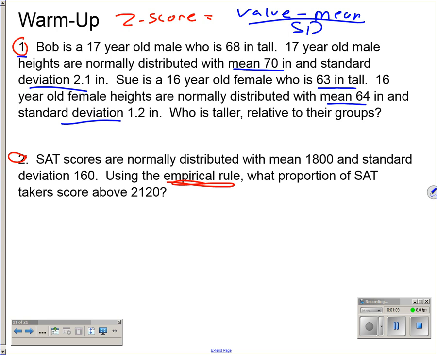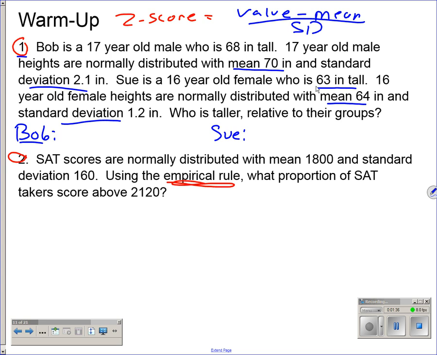So the 2 groups that we're comparing is 17-year-old males and 16-year-old females. Normally we couldn't compare those 2 groups together because obviously 17-year-old males are going to be taller than 16-year-old females. But relative to their age is what we're curious about. Relative to their age, who is taller? That's what z-scores are for. So we got to figure out Bob's, and we got to figure out Sue's.